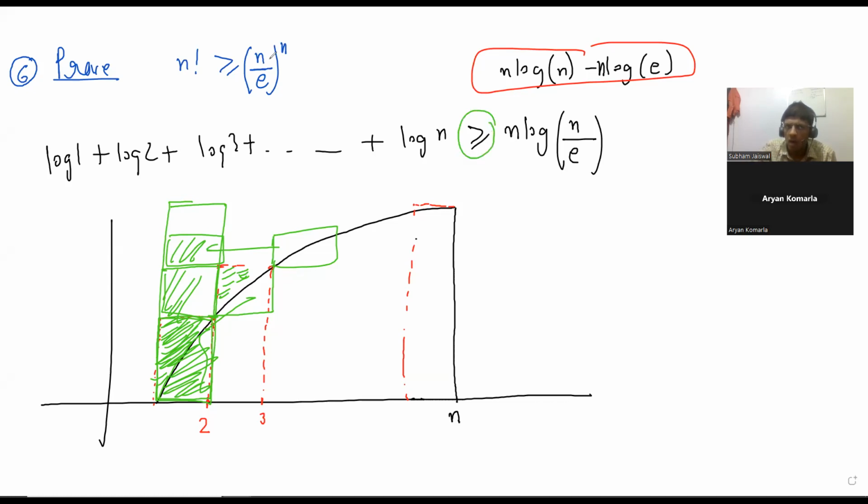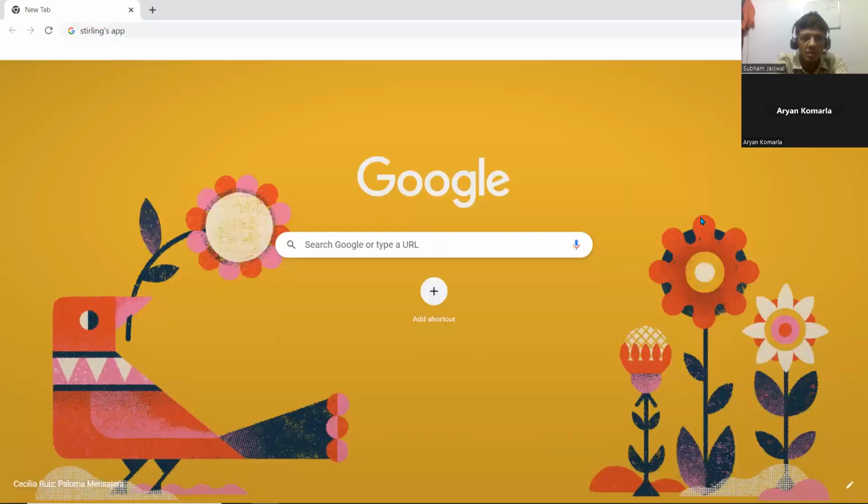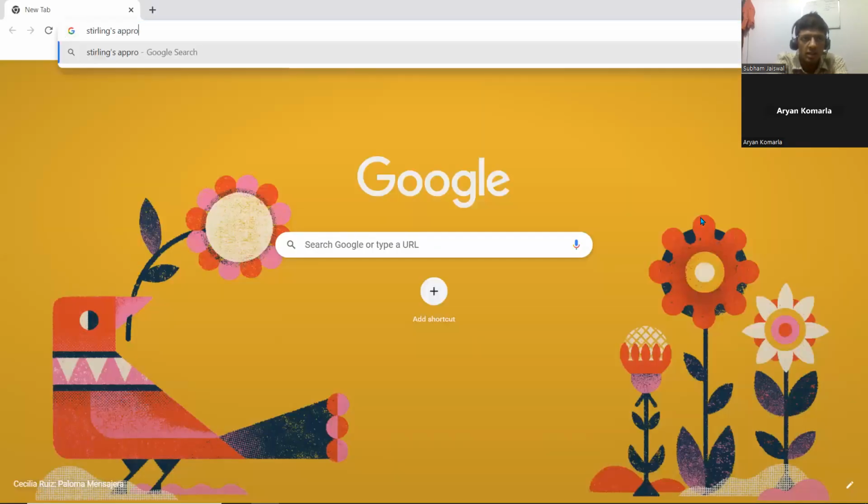Yes, sir. Right, okay, so you will end up proving this, but that is okay, because this implies that it is greater than or equal to. Yes, sir. Because it is contained in that. But let me see the Stirling's approximation, because from what we have discussed, I think it can be done.